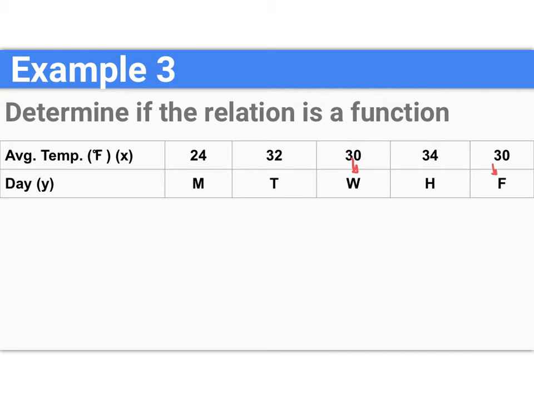So we have one number in the domain going to two different numbers in the range, one number in X going to two different numbers in Y. This is not a function, even though it's true, this could occur. It is not a function. We'll explain this a little bit more when we get to graphing. But when we're dealing with tables of values or points, one number on your X or your domain cannot go to two different ranges. Can't happen. So it's not a function.